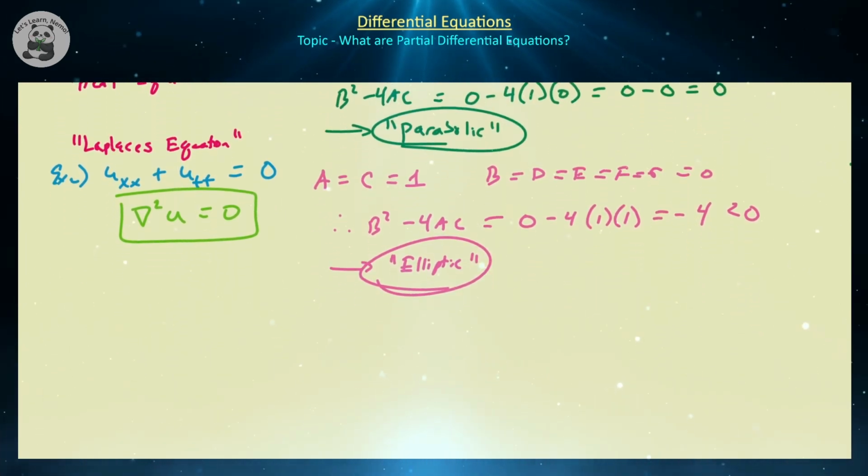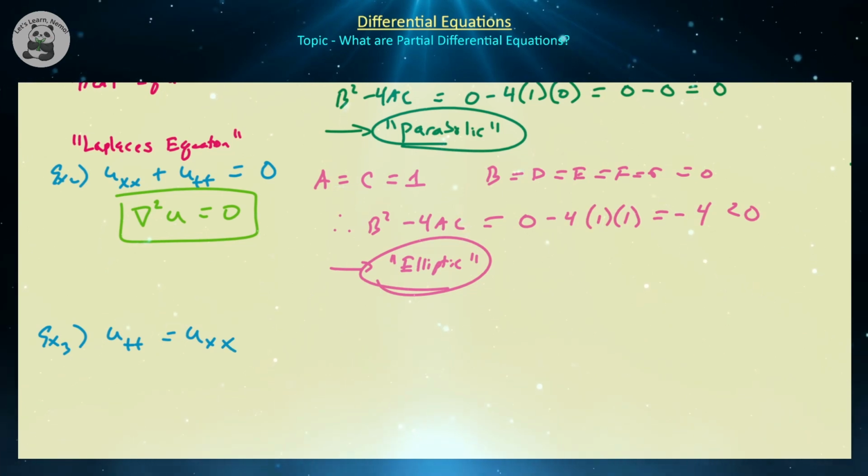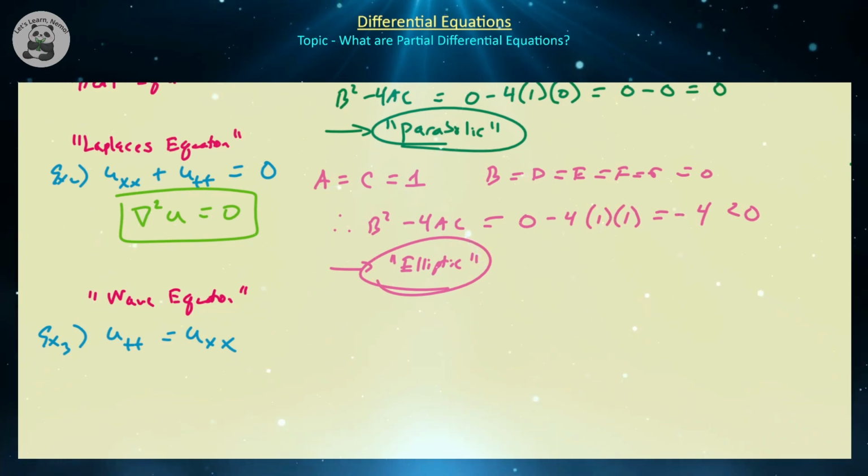And let's look at another famous PDE. Let's look at utt is equal to uxx. This is often called the wave equation. Let's first write this PDE in standard form.